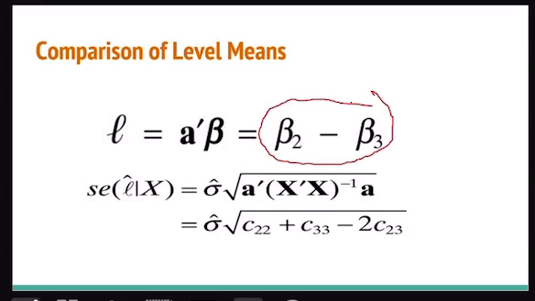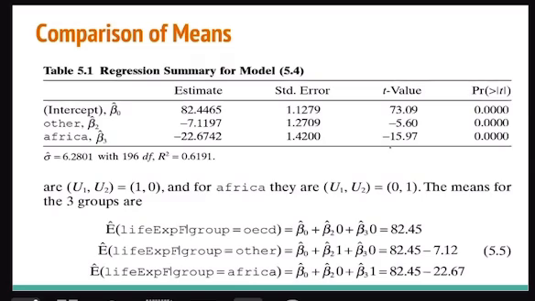Okay, now the beta 2 and the beta 3 are others and Africa. The group others and group Africa. Okay, the table here is not really telling us, because the table here only enables us to compare others and Africa with the OECD.